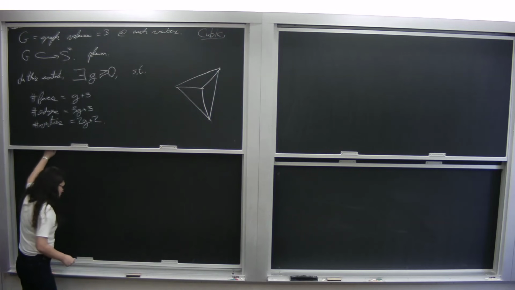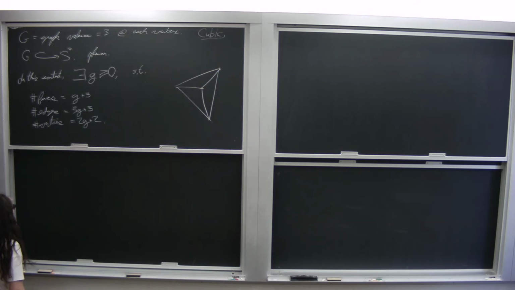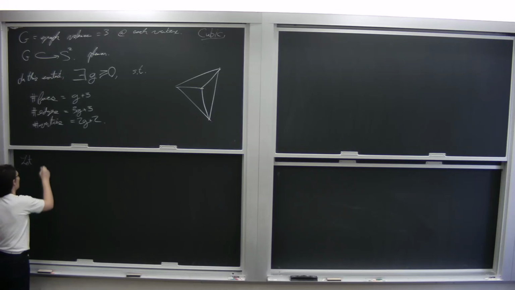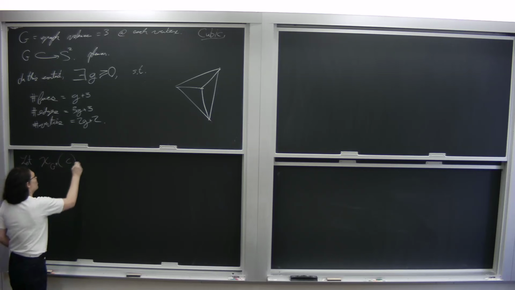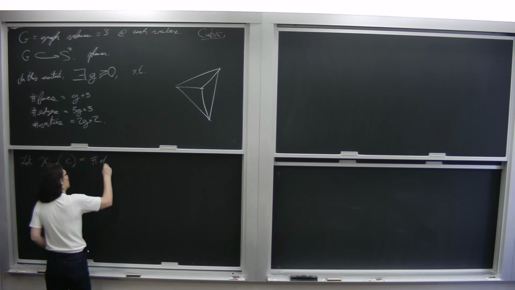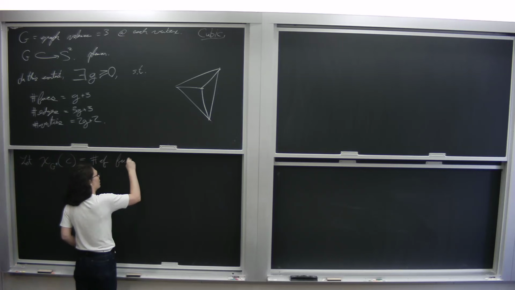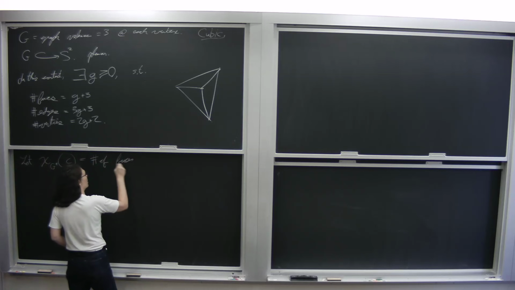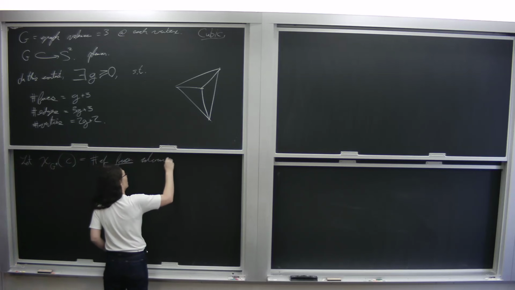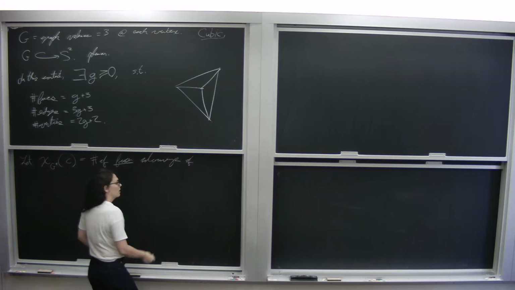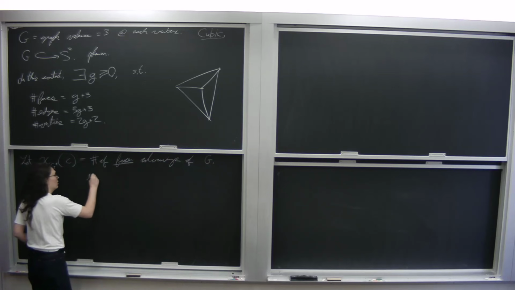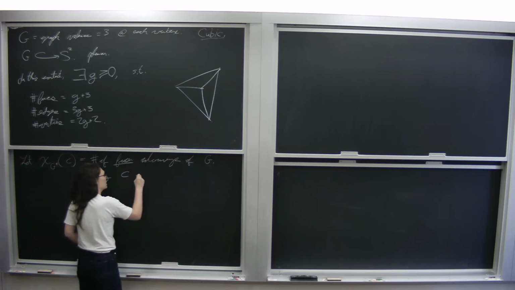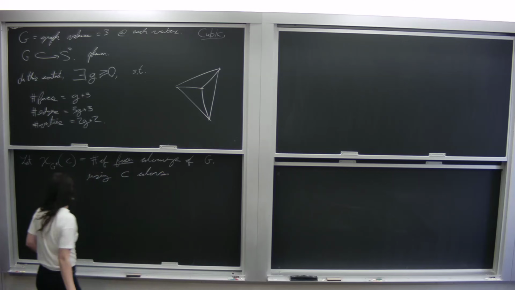So and now the main point I want to grab onto from the graph theory side is, I'm going to let chi G star of c be equal to the number of face colorings of G using c colors. Okay.